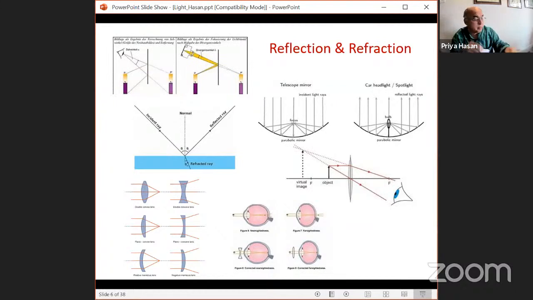And these simple ray diagrams, which you can draw very beautifully, can explain how objects can look bigger, or how they can look sharper. And what is refraction? Why does refraction happen and so on?